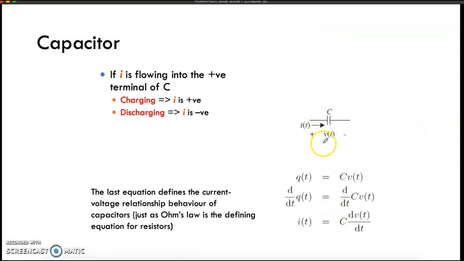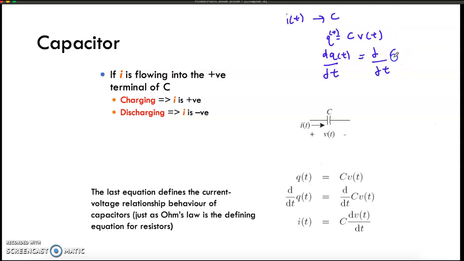In the capacitor, we want to see the relation of the current to the capacitor. The first formula is Q equals CV. If you differentiate Q, you need to differentiate the right side too, CV(t). What is dQ over dt?